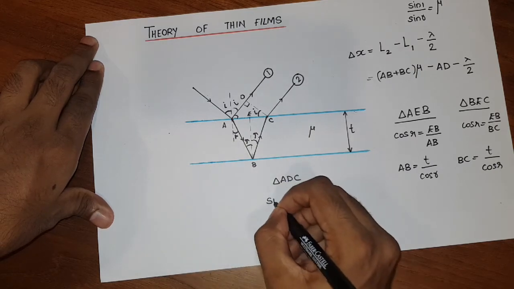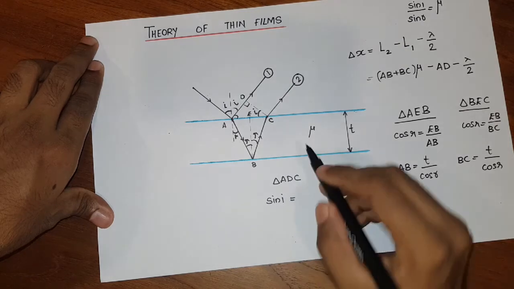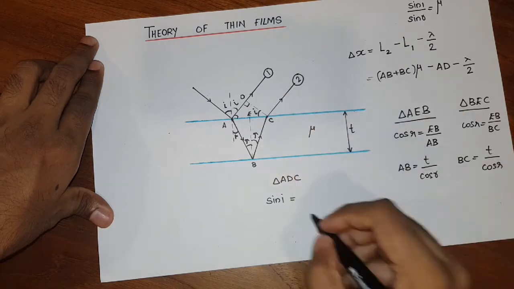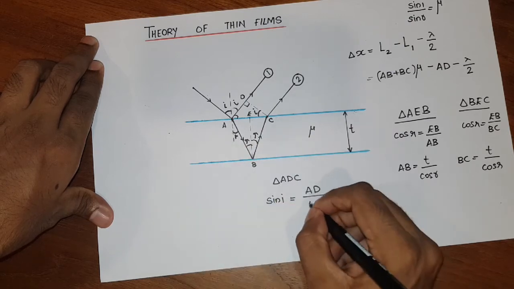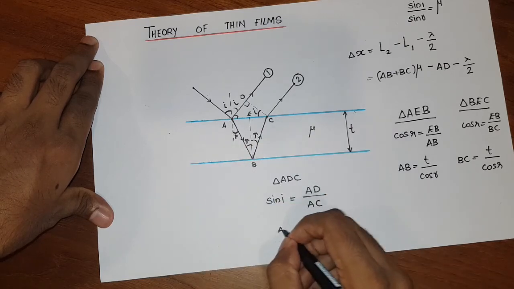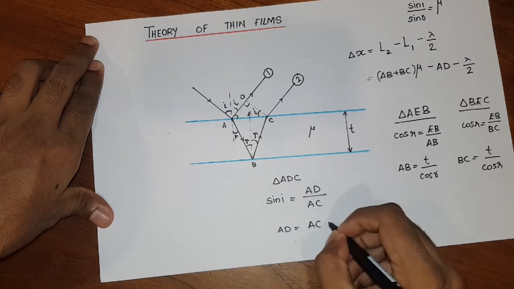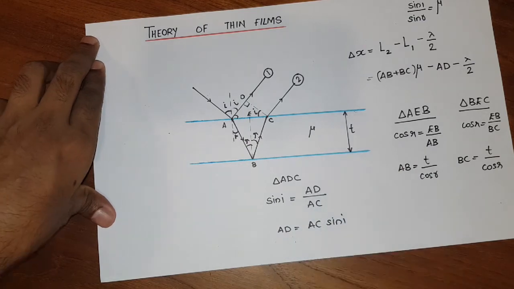Can you take sine I from that? Sine I will be equal to the opposite side, that is AD, divided by hypotenuse AC. So AD will be equal to AC sine I.